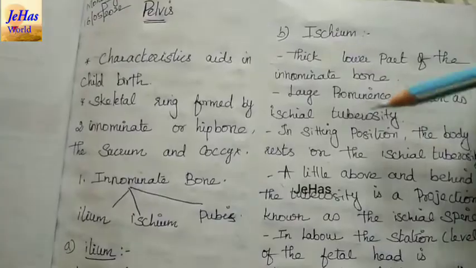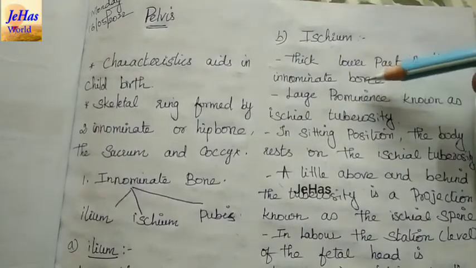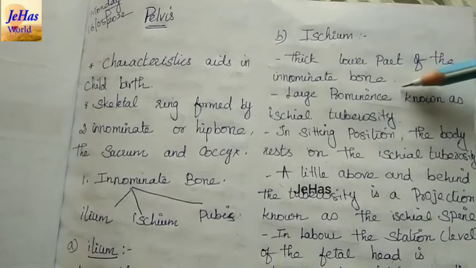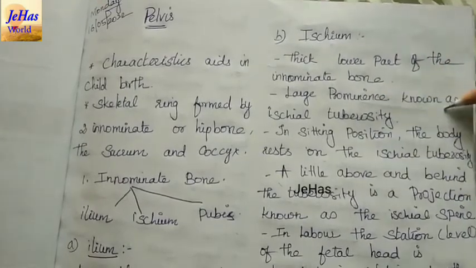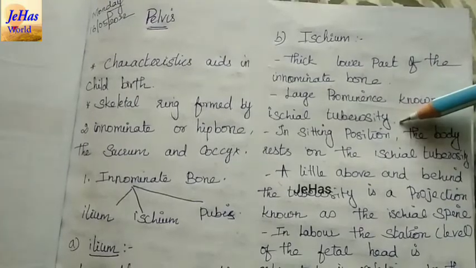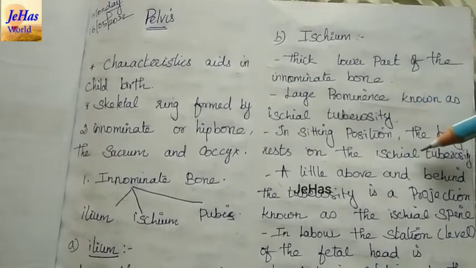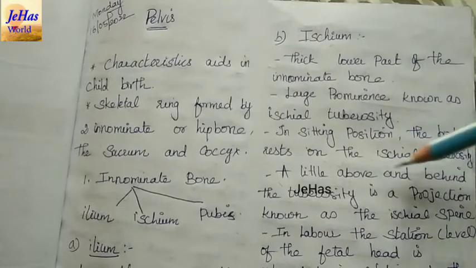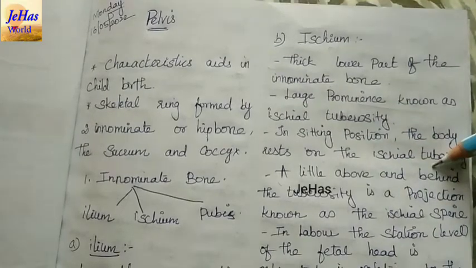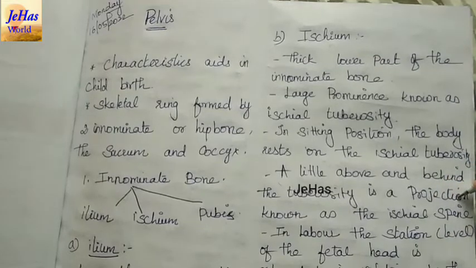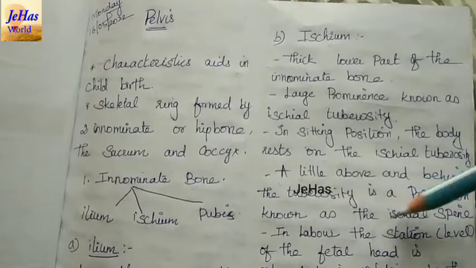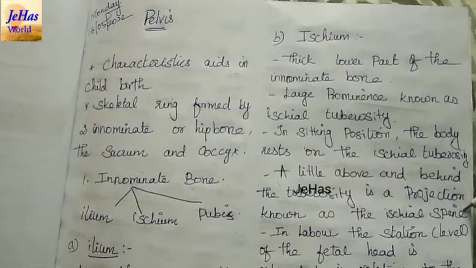So next, ischium. Ischium is a thick lower part of the innominate bone. It has a large prominence known as ischial tuberosity. In sitting position, the body rests on the ischial tuberosity. A little above and behind the tuberosity is a projection known as ischial spine.